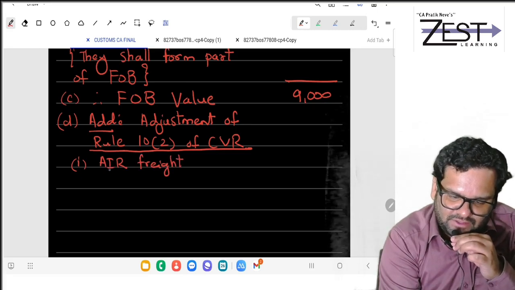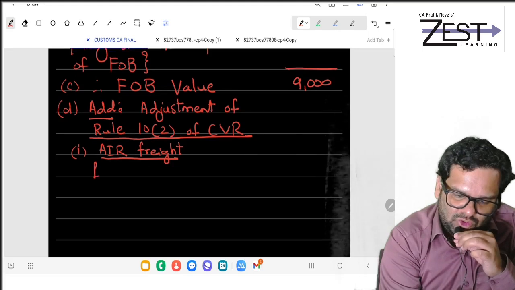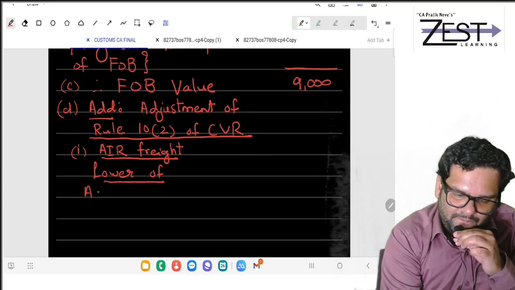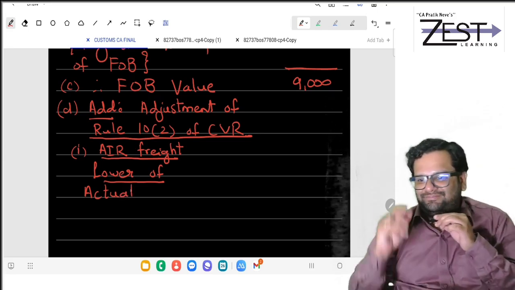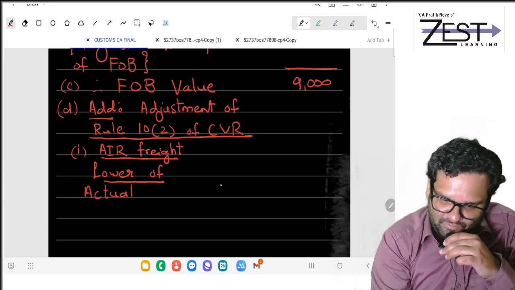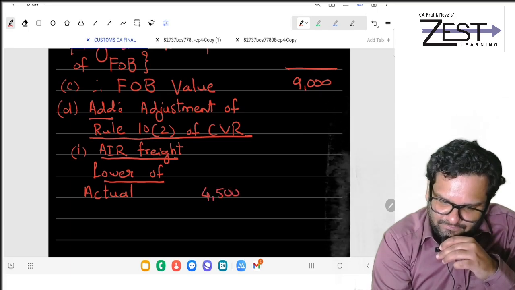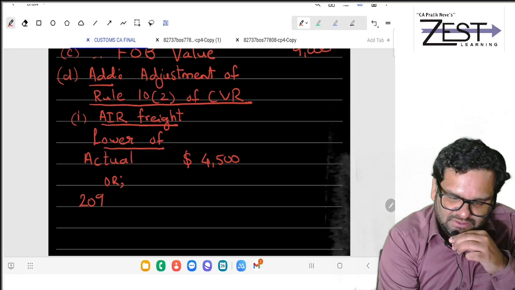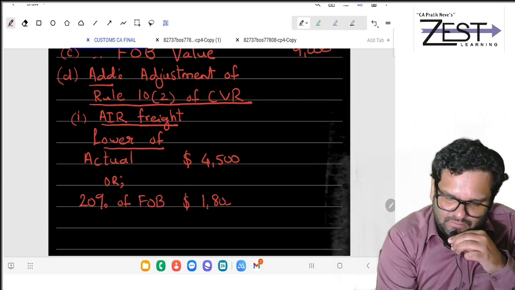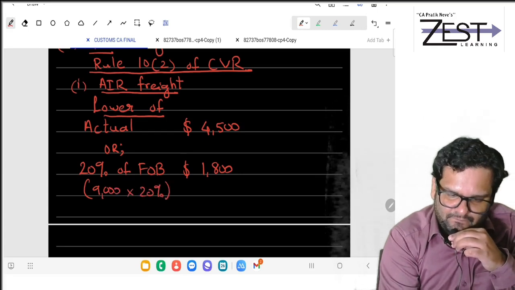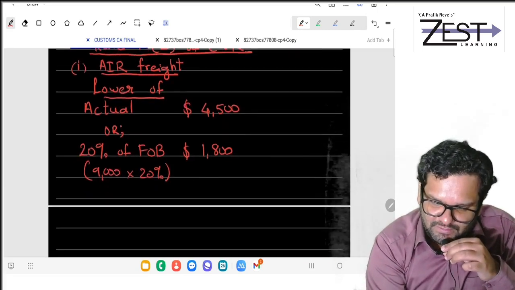Since it is air freight, it is lower of actual, which is 4,500, or 20% of FOB, 1800. So go for 1800 please.